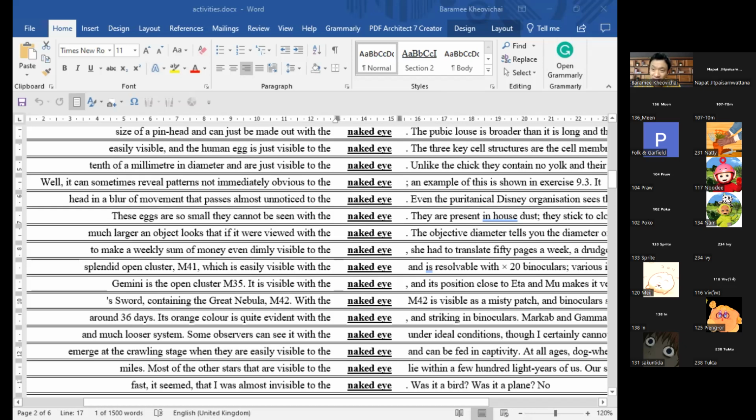So let's find that out and we'll have a discussion about this. Here are the concordance lines. You can also look at the lines in your handout. Try to focus on the nouns on the right, and then think about whether it is mainly positive or mainly negative. Let me give you a few minutes to do that, and then we will have a discussion.